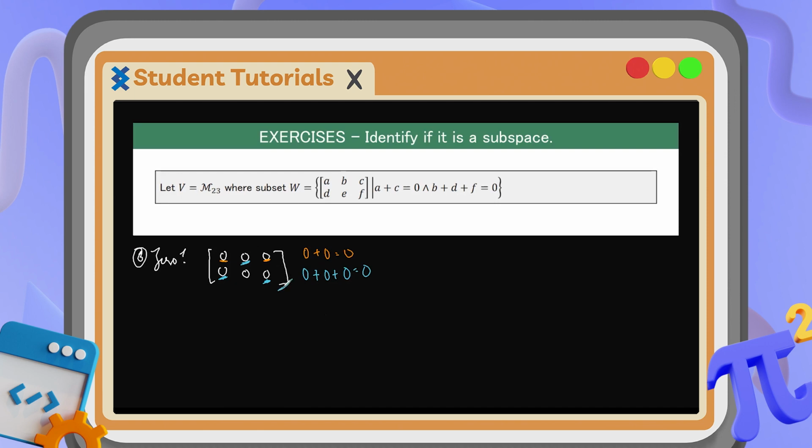Because again, this is actually the 0 vector for M 2, 3. And notice that when we try to satisfy the properties, we actually get 0, or they are equal, therefore the 0 vector exists. And not only that, since we've already verified vector addition and scalar multiplication, that gives us that this subset is actually a subspace of the set M23 or the set V.